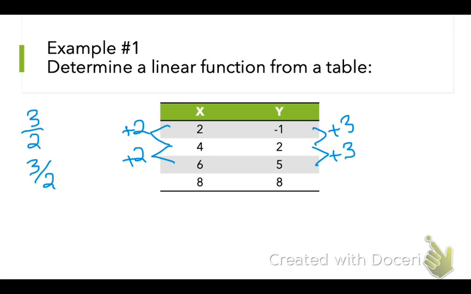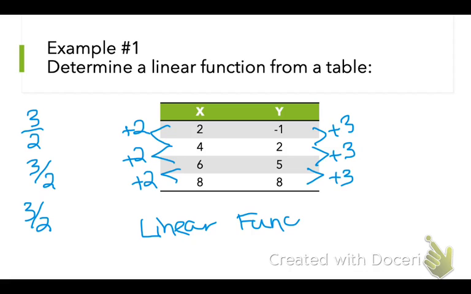Then my last points: I'm going from 6 to 8 for my x's, which goes up by 2, and for my y's, I'm going from 5 to 8, which is 3. My rate of change is the same. So I know that this is a linear function because my rate of change is constant. It's the same.